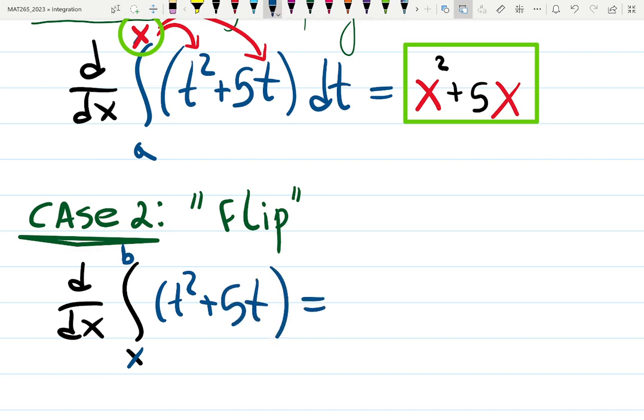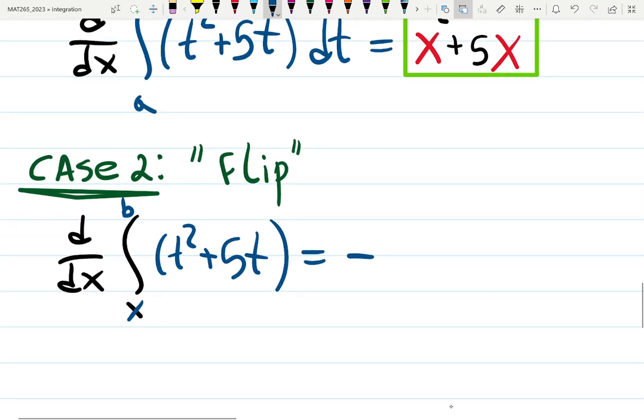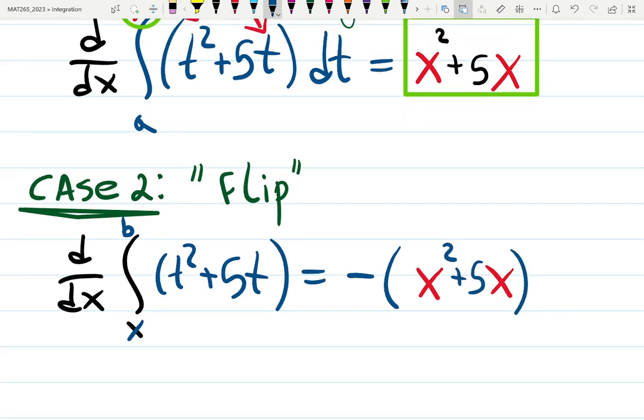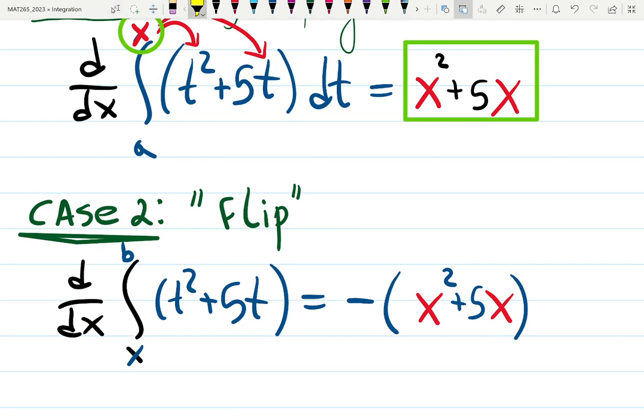Then the answer will be minus. You flip the integral, and then you plug in x, and it's going to be x squared plus 5x, but with minus. Does it make sense? Either you do it step by step or skip the step of flipping, just put the negative sign.